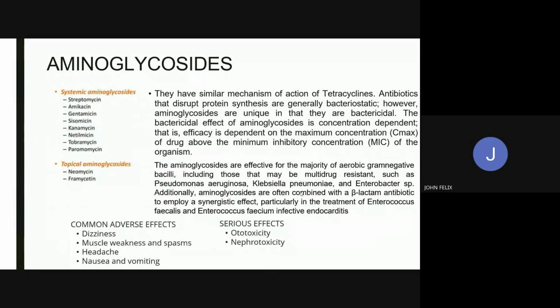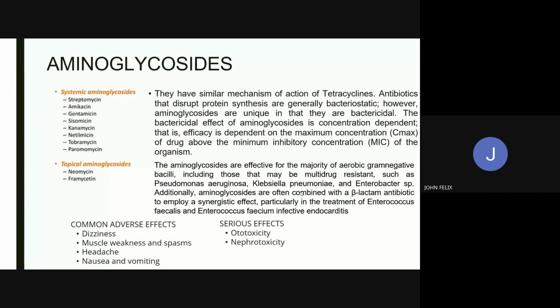Then we have aminoglycoside antibiotics. The classification is based on usage, that is systemic or topical. The systemic aminoglycosides include amikacin, gentamicin, streptomycin, tobramycin, etc., and the topical aminoglycosides include neomycin. They have a similar mechanism of action to tetracyclines. They also bind to the 30S ribosomal subunit.